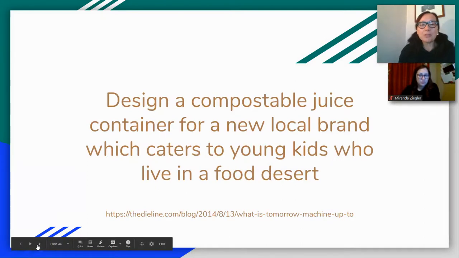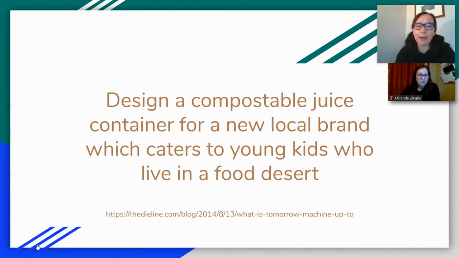Design a compostable juice container for a new local brand, which caters to young kids who live in a food desert. So this one has more specifics to it. The container has to be something that can be composted, but it's also geared towards young children who are living in a place where fresh foods aren't readily available.